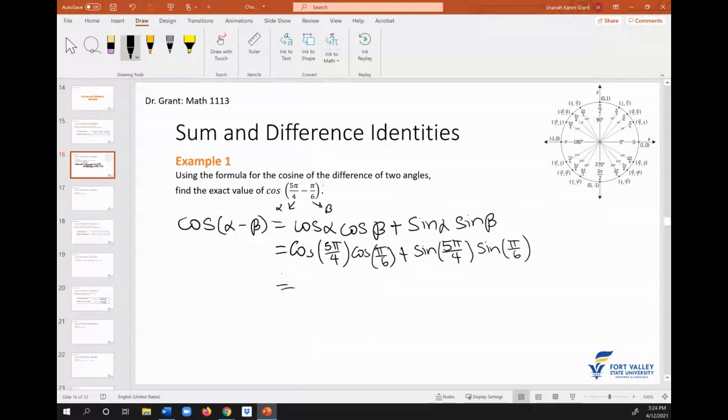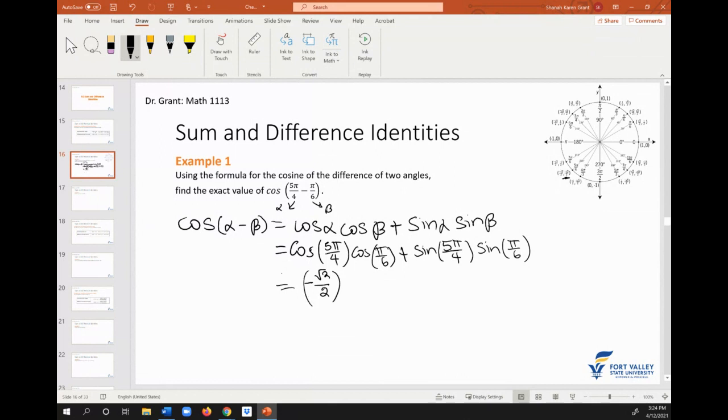Okay, so now hopefully you guys already have a little bit of familiarity with the unit circle, but basically we're looking for the value of cosine of 5 pi over 4. And so we know that's going to be in our third quadrant, right? And cosine of 5 pi over 4 is negative root 2 over 2.